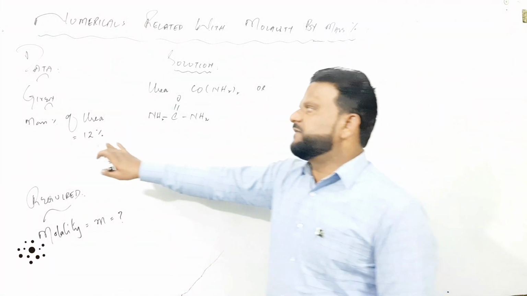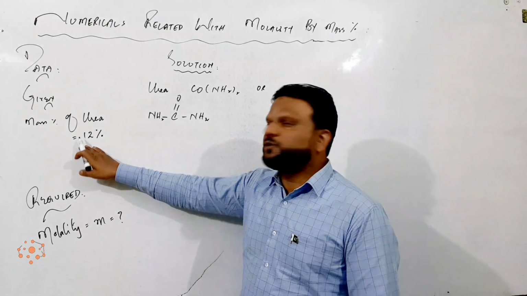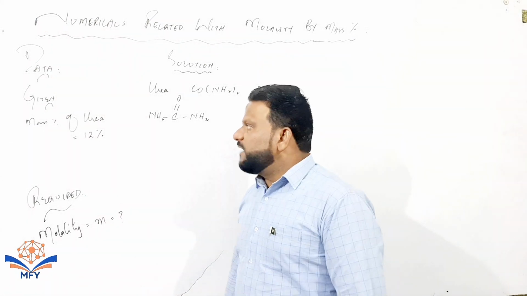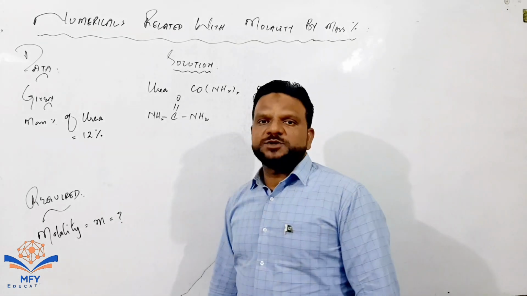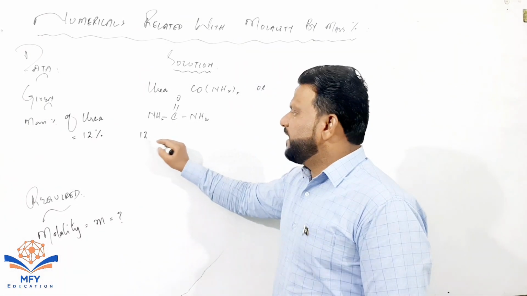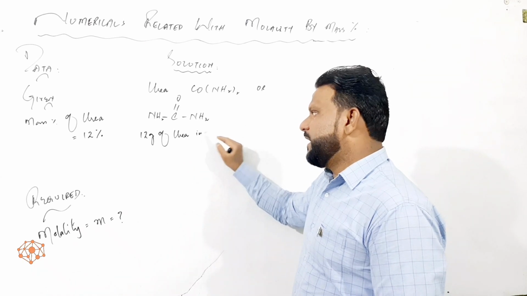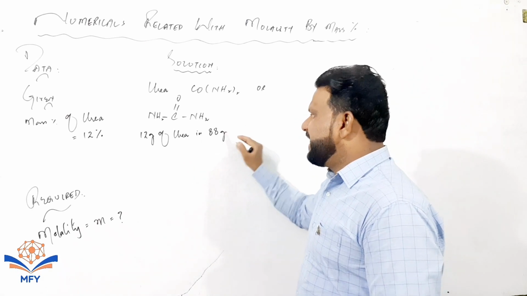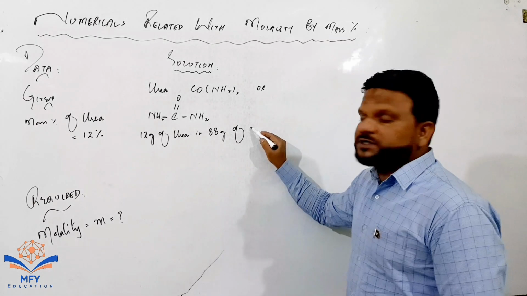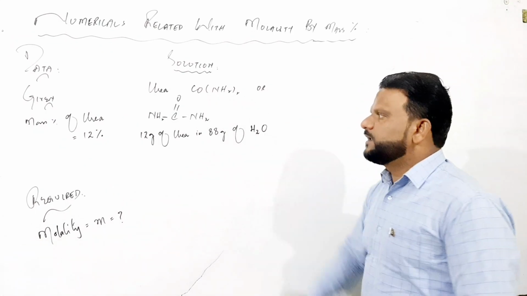First of all, we are given the mass percent of urea, which is 12%. 12% mass per mass of urea means 12 grams of urea in 88 grams of the universal solvent, that is water.